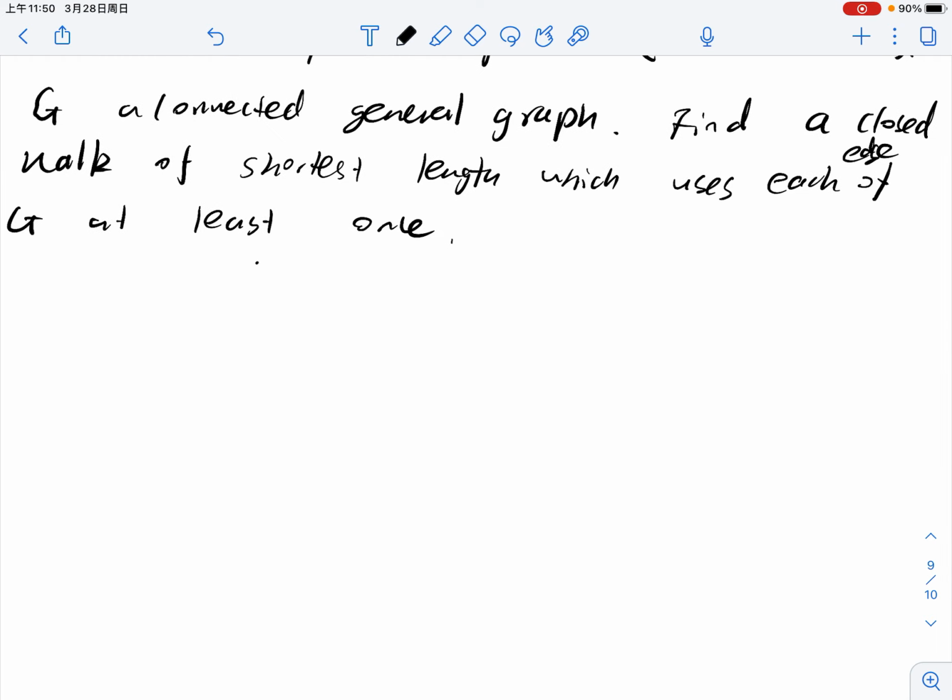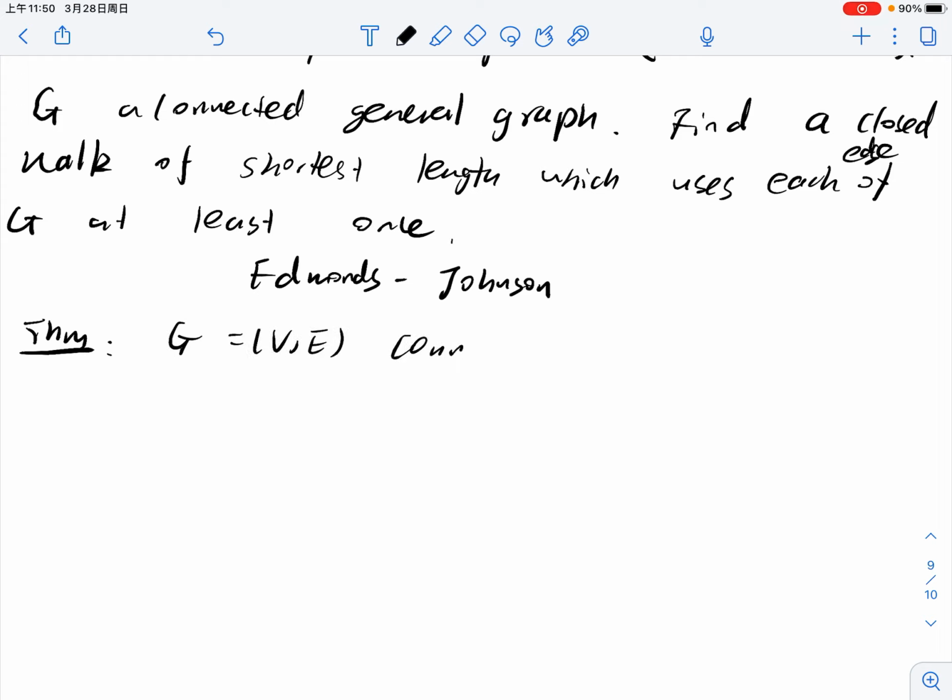Okay, and then this problem has been solved by Edmonds and Johnson. And here we can have a slightly not so efficient bound for the problem. So let G be a connected general graph.